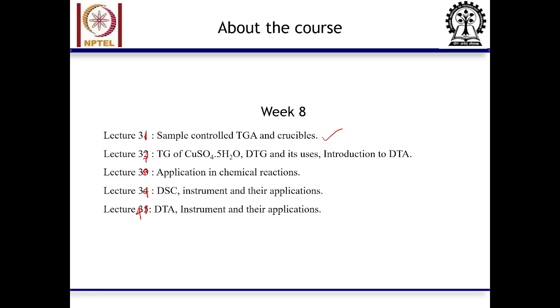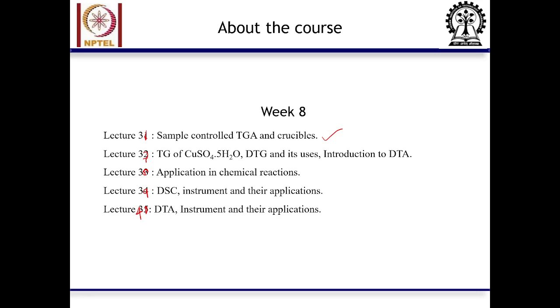DTA will tell you the exact temperature where the process is happening. In this lecture, we have already slightly introduced DTA. We also learned a process called caramelization. One question on this is also there in the assignment.